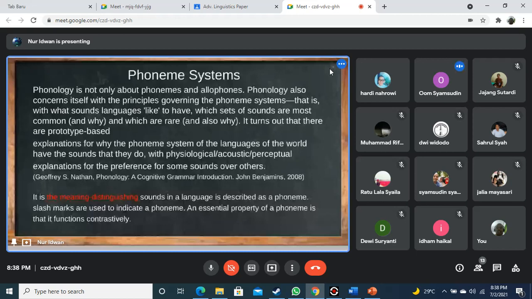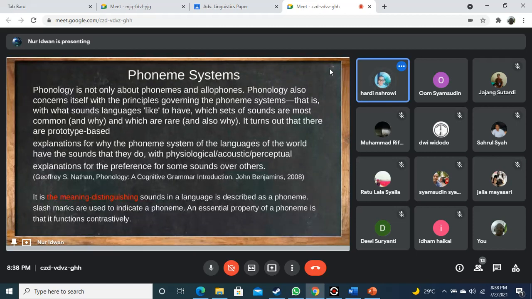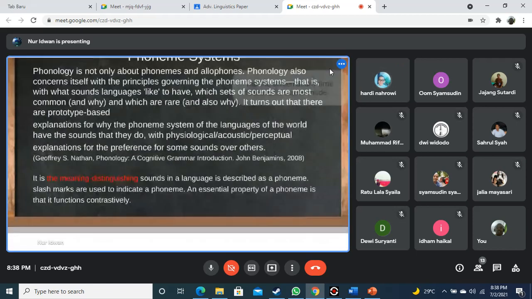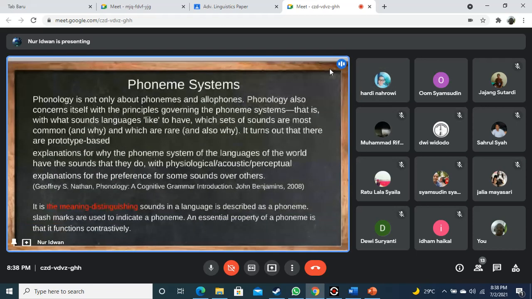Phoneme systems. Phonology is not only about phonemes and allophones. Phonology also concerns itself with the principles governing the phoneme systems. That is, with what sounds languages like to have, which sets of sounds are most common, and why, and which are rare, and also why.